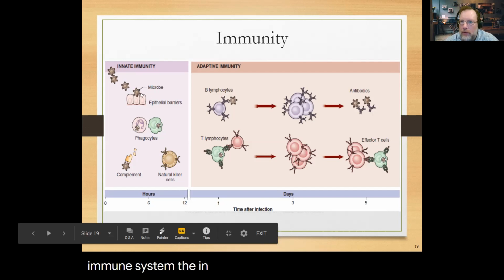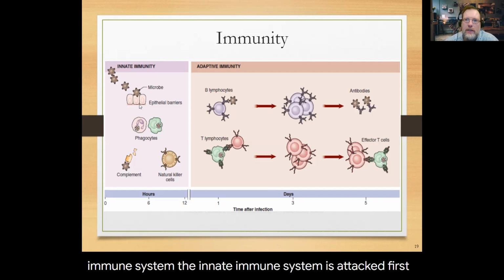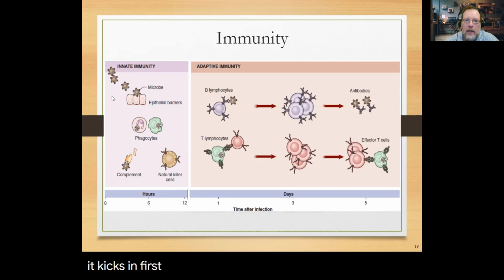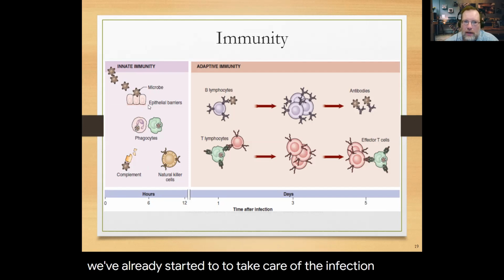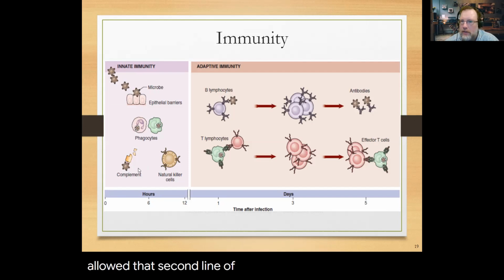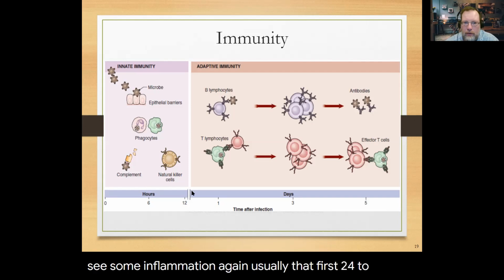And again, it's because of the timing of our immune system. The innate immune system kicks in first. It's short. With the first exposure, within 12 hours, we've already started to take care of the infection. So we've allowed that second line of defense to start to come in. We see some inflammation. Again, usually in that first 24 to 48 hours, there's the fever, the inflammation.